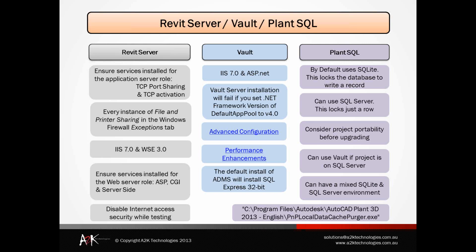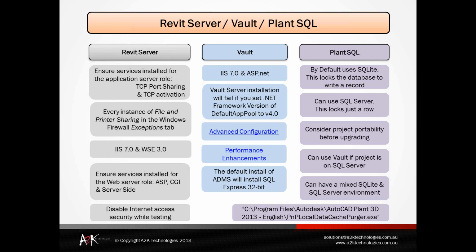So, just a few things there: enable TCP port sharing and port activation, and every instance of file and printer sharing in the Windows Firewall Exceptions tab. Okay, so those are some of the main ones there, and you can see the others there.